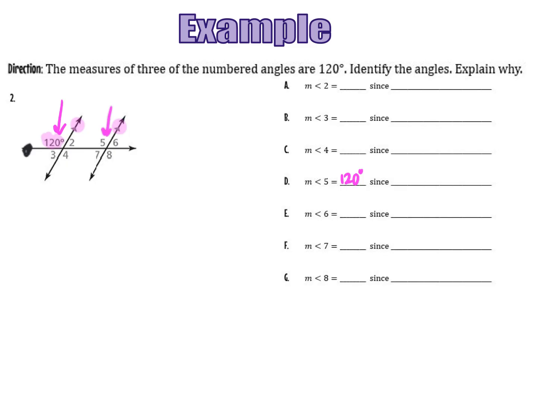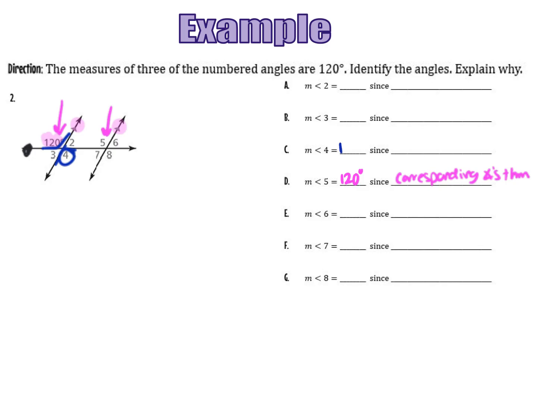Since these lines are parallel, this is true by the corresponding angles theorem. I'm going to draw a symbol for angles and abbreviate theorem. Now, I also know, and there's a lot of different ways to go about this, that angle 4 is going to be 120 degrees because these two angles are vertical angles.